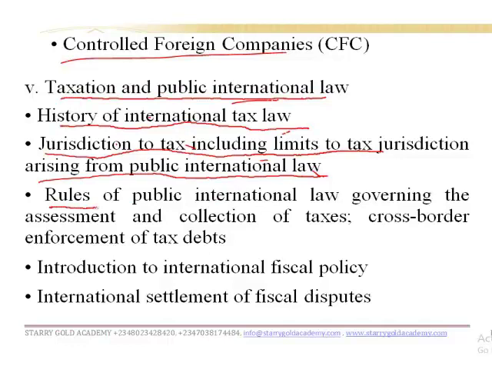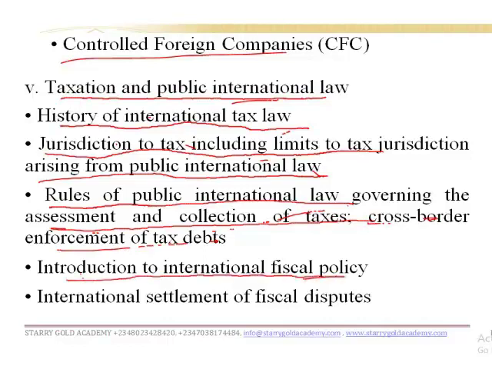Also, we are going to discuss rules of public international law governing the assessment and collection of taxes, cross-border enforcement of tax debt, introduction to international fiscal policy, and international settlement of fiscal disputes.